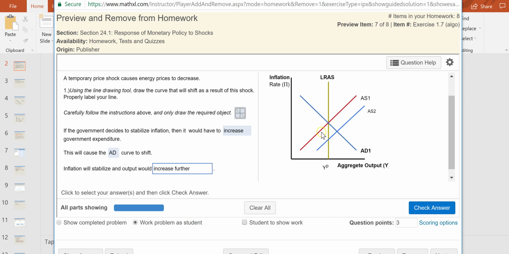You can see that the government can also stabilize the output. How can the government do that? They have to tighten the monetary policy, and probably decrease the government expenditure, which will shift the AD curve to the left. Then you can see that the output will be lowered, but the price is that inflation will be further away from its original level. So that's why we have this trade-off.